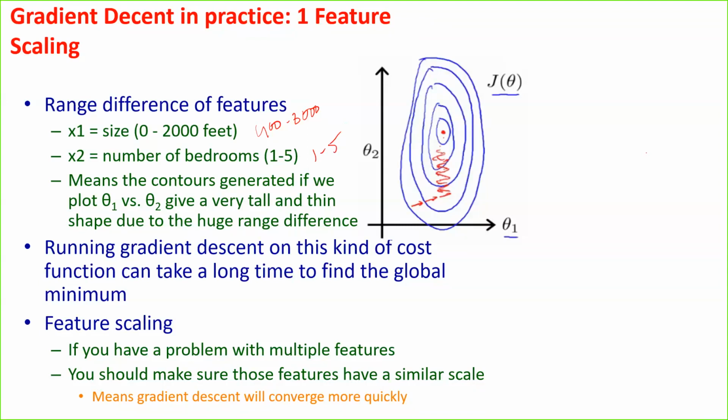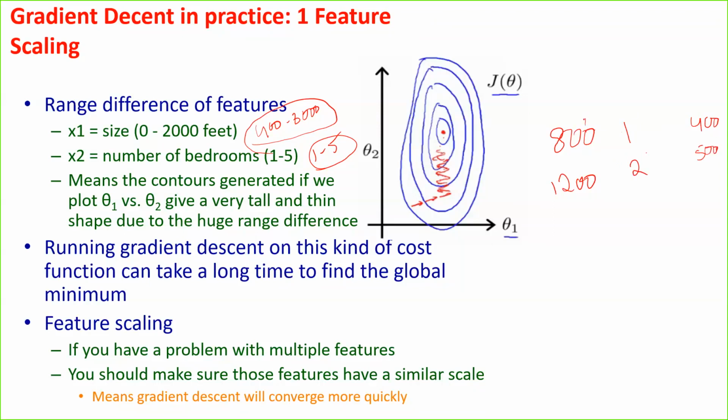So what happens if there is a huge range difference between the features? When you are making a prediction, you have to take a linear combination of these features and predict the cost. Let's say the cost corresponding to 800 square feet and 1 bedroom is $400, and the cost corresponding to 1200 square feet and 2 bedrooms is $500.